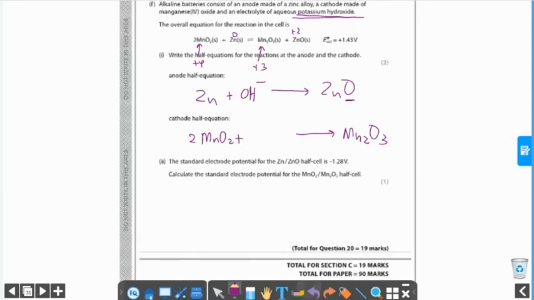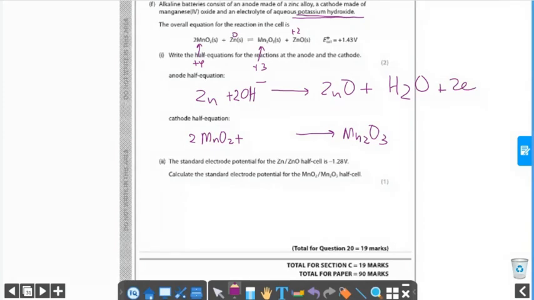To balance that, on the OH minus side you add water. Just one water molecule is enough, but there are two hydrogens there, so I put 2 OH minus to balance the hydrogen and the oxygen. And I can add 2 electrons on this side. So this is the anode half equation.